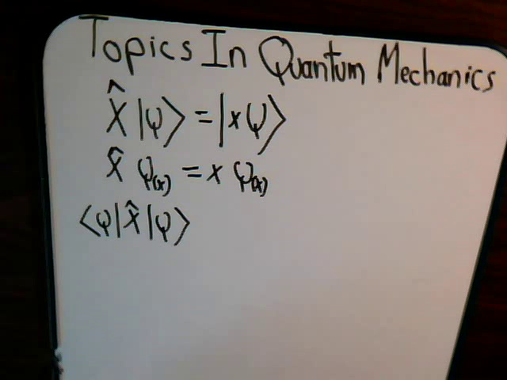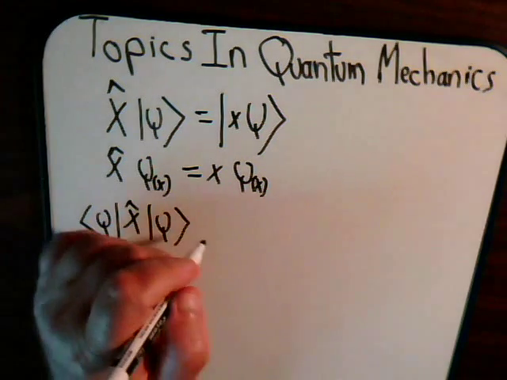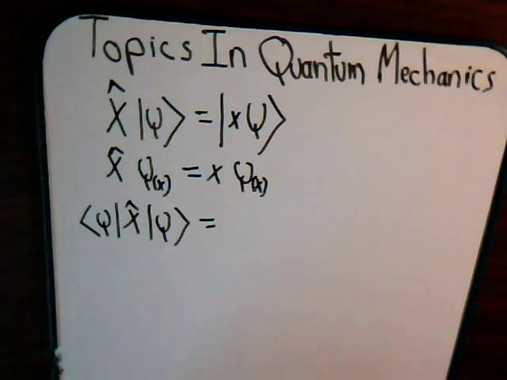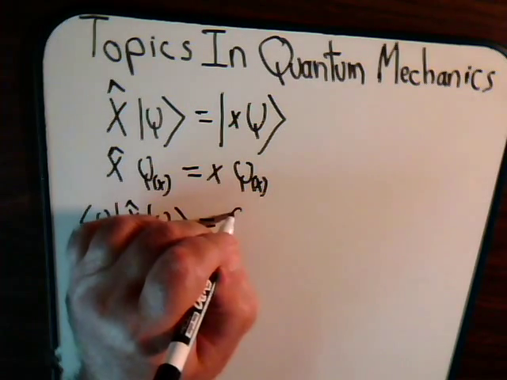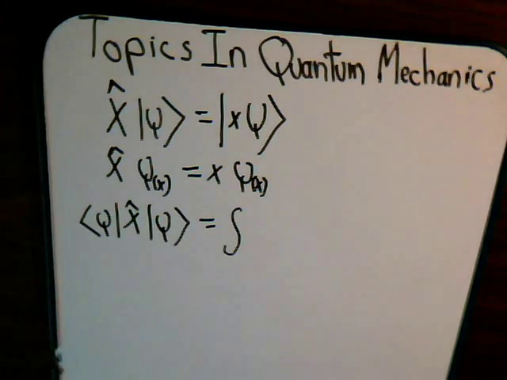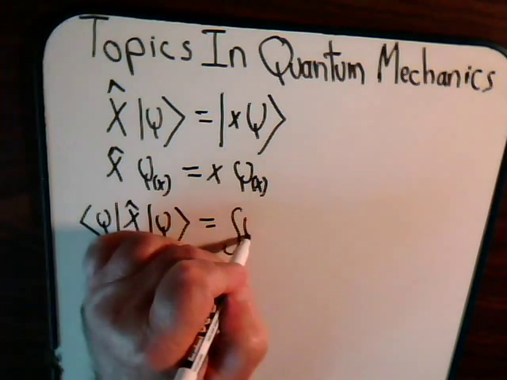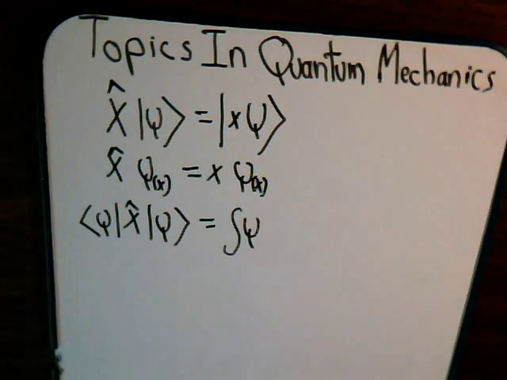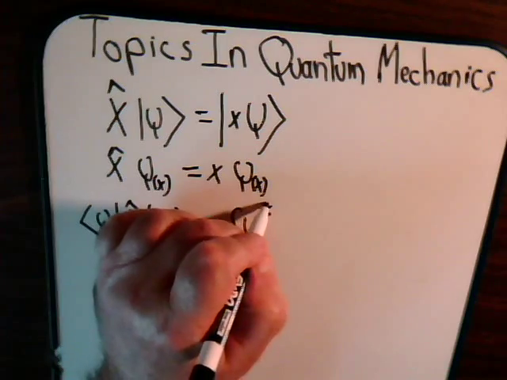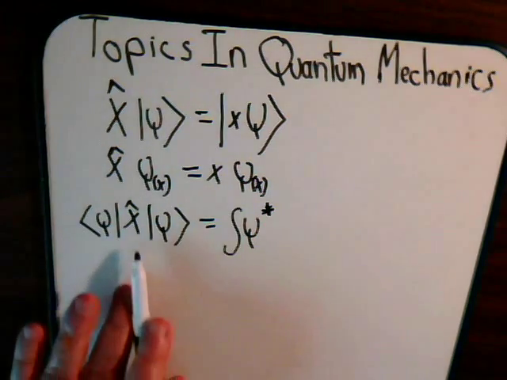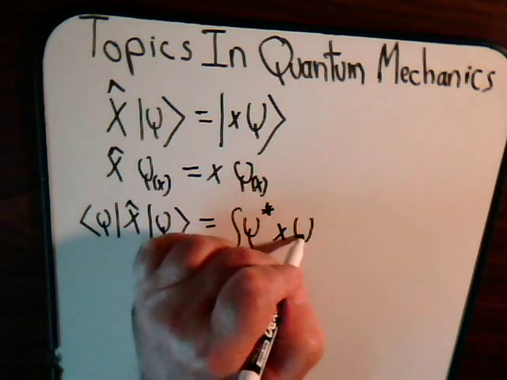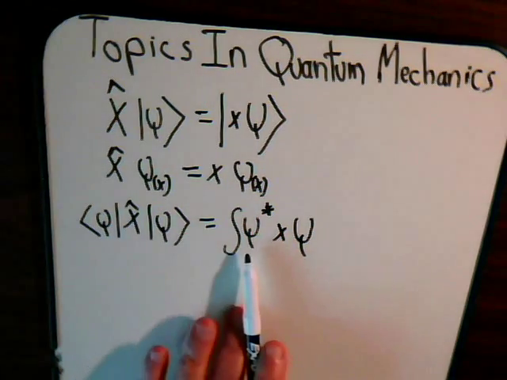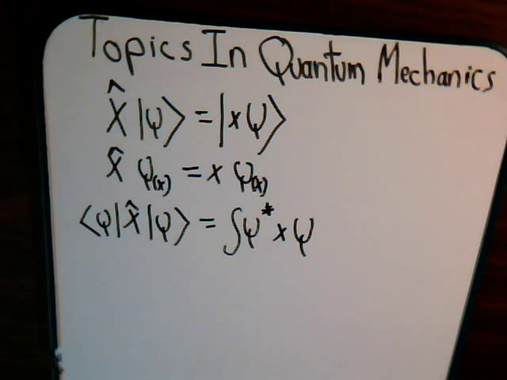And as we explained in video number 8, the inner product of functions is the integral of the complex conjugate of the function, this, times this, which is just x, times the function. The complex conjugate of the function times the function is the inner product.